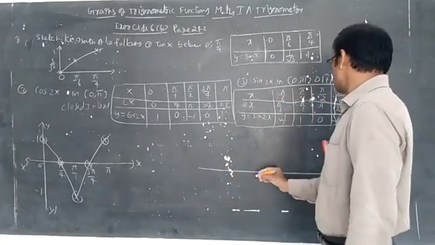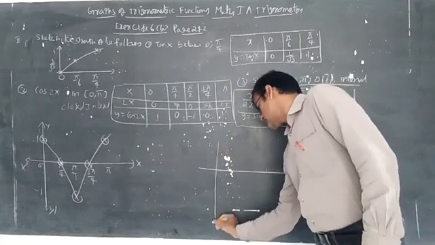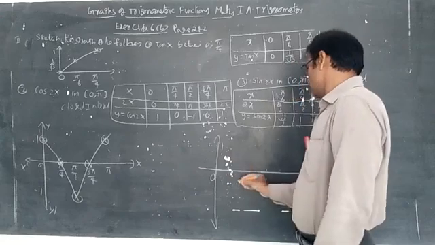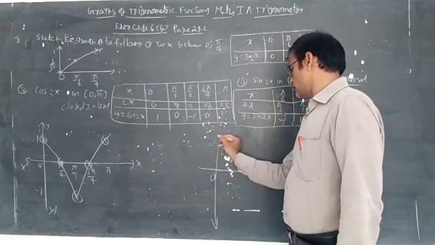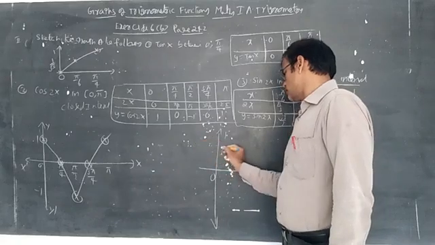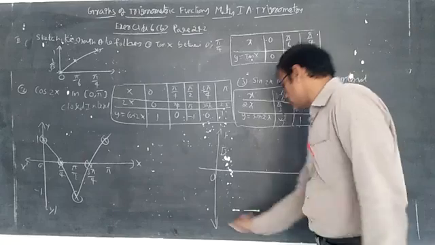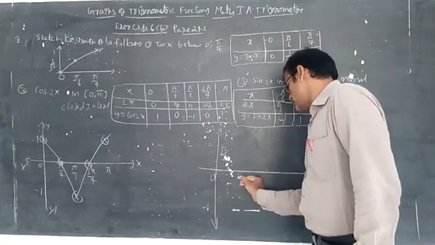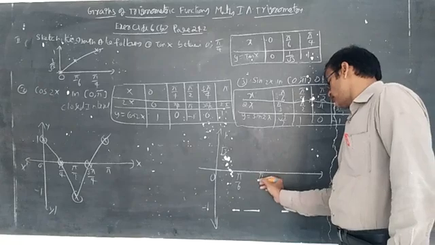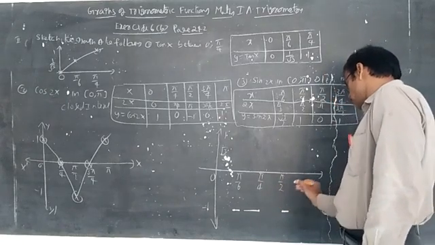Now draw like this, from minus 1 to 1. Put 0 here, 1 at the top, root 3 by 2 here, and minus 1 down. From here you start: pi by 6, pi by 4, pi by 2, 3 pi by 4.